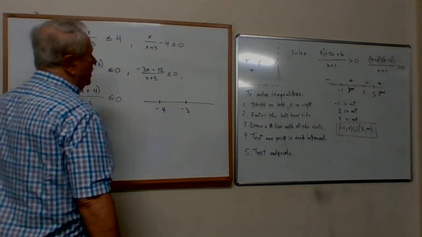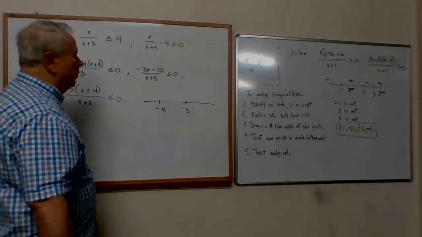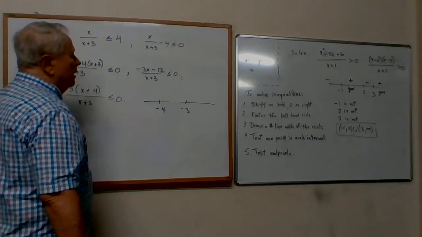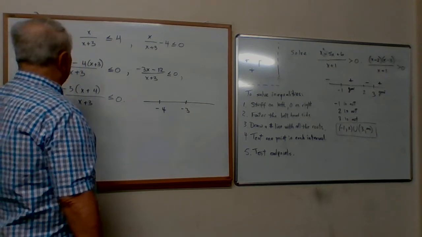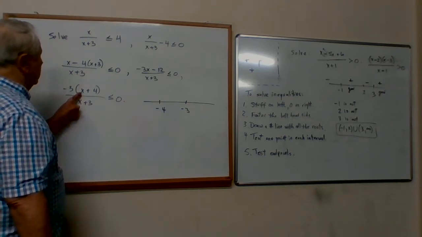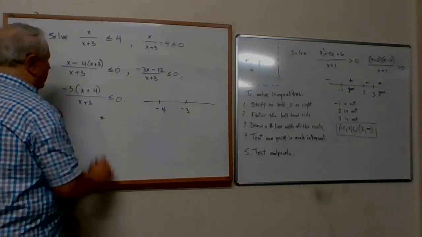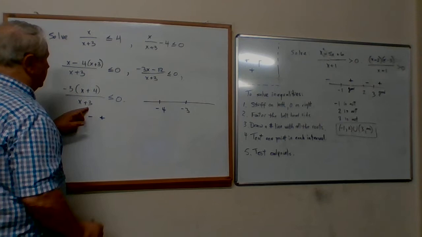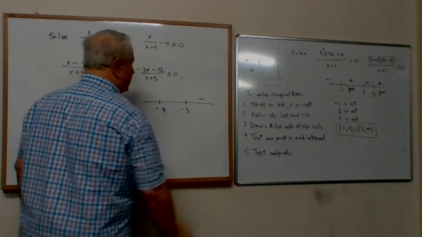Now, I can plug in any number to start with. 0 is not one of these numbers, so I'm going to pick 0. If I put in 0, do I get the truth or do I get a lie? So let's plug 0 in here. If I plug in 0, this is 4, that's positive. This is always negative. And down here, 0 plus 3, that's positive, so the whole thing is negative.